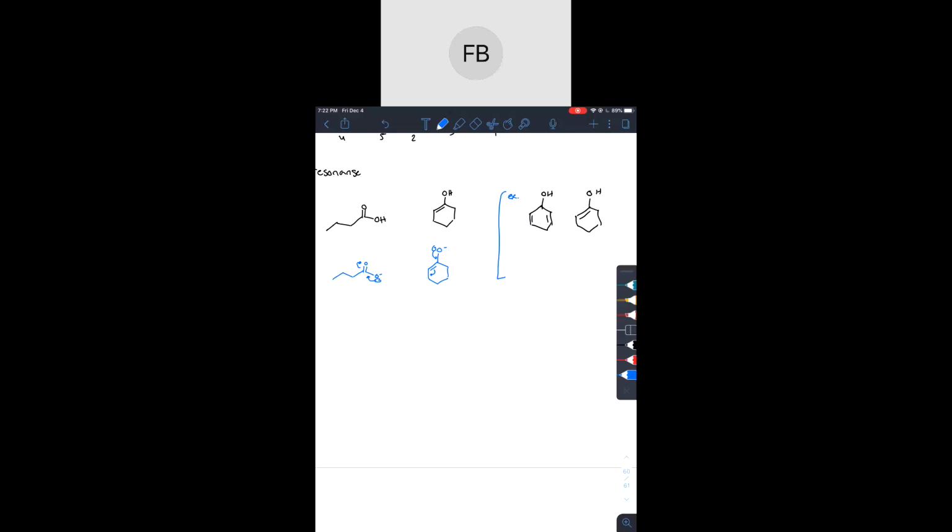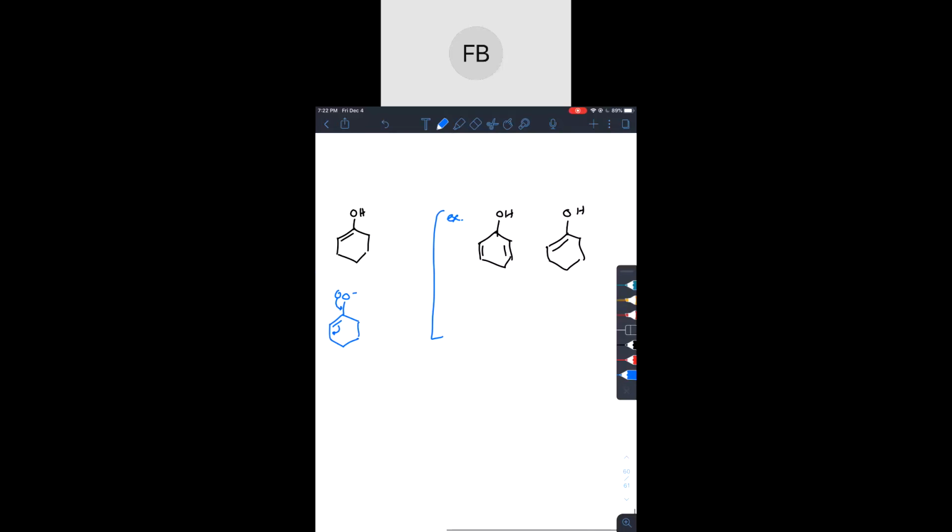And what you see here is that if I zoom in, when you lose your hydrogen there, you can easily form a double bond here without having to rearrange anything. So this is no resonance, right?